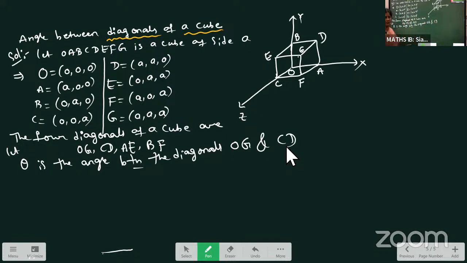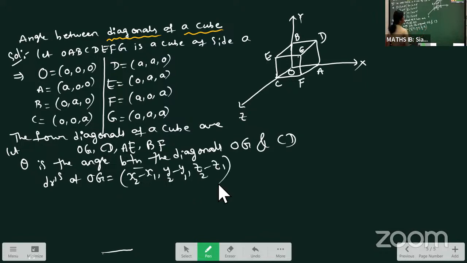Do we have direction ratios? No. We have vertices. When 2 vertices are given, how to find direction ratios? We have a formula. DRs of OG: O vertex we have, G vertex we have. How to find? x2 minus x1, y2 minus y1, z2 minus z1. O vertex is x1, y1, z1, and G vertex is x2, y2, z2.